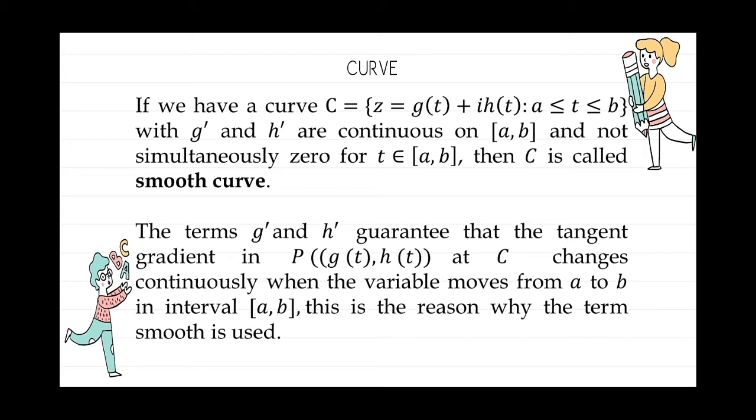The terms g prime and h prime guarantee that the tangent gradient at the point (g(t), h(t)) on C changes continuously when the variable moves from a to b in the interval [a,b], and this is the reason why the term smooth is used.